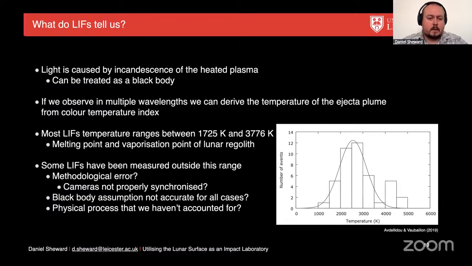It could be a methodological error, where the two cameras are treated as perfectly synchronized, so both frames of the flash are at the same point in its temperature evolution, but in fact they could be slightly misaligned, in which case you would get temperatures that aren't physically correct. It could be that the black body assumption is just not accurate for all cases, or it could be that there is just another physical process that we aren't taking into account.